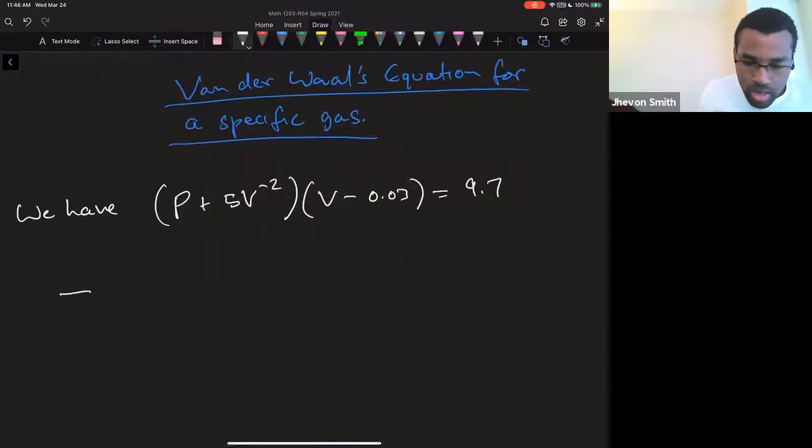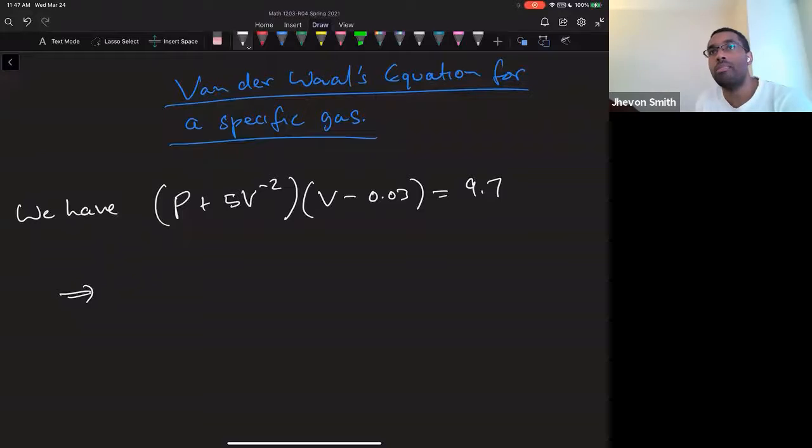If I started differentiating this, how would I actually do that? The derivative of P with respect to P is just 1.